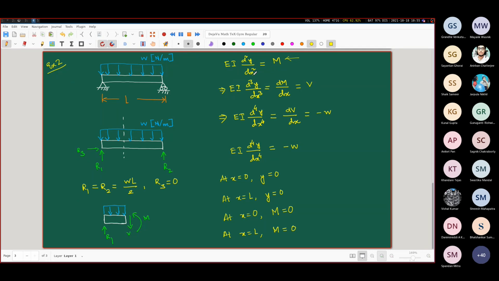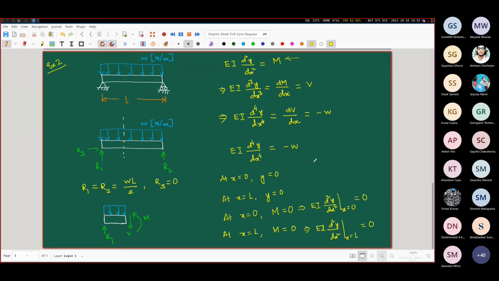You can utilize this, which means that EI d²y/dx² at x equal to 0 is going to be 0, and EI d²y/dx² at x equal to L is also going to be equal to 0. So you determine the expression of y in terms of the 4 unknown constants of integration.